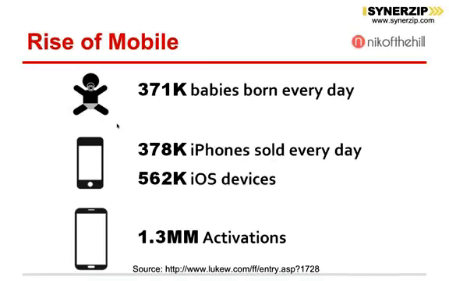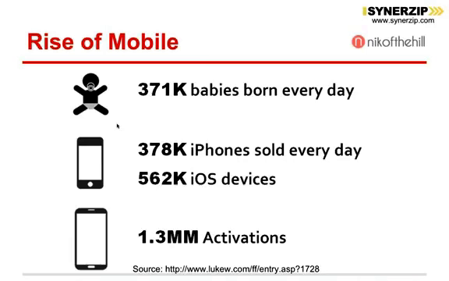These are literally everyday stats, and as we can see in the last 3 or 4 years, within developing countries and developed countries, mobile devices have become the primary source of how people access the web.